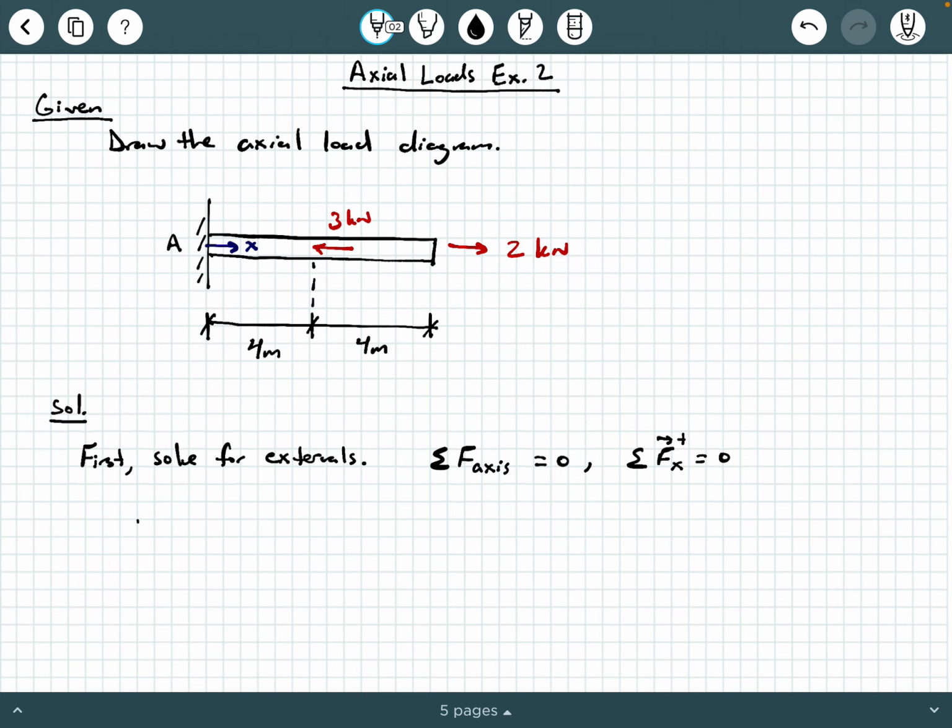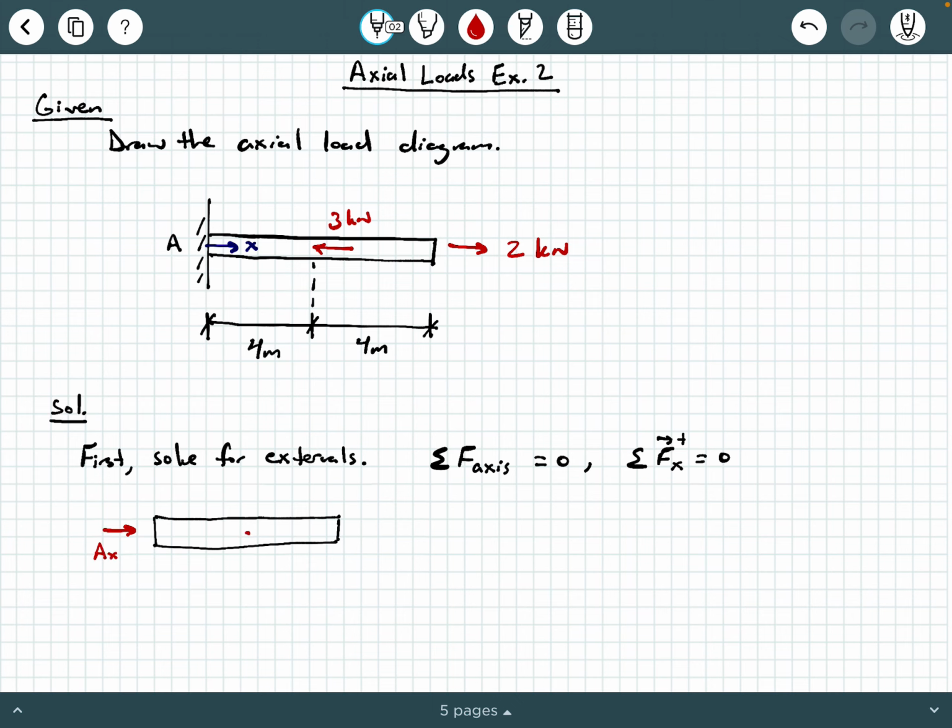So if I draw a free body diagram of this system, let me draw that a little bit better. Not my most beautiful artwork. Okay, so here at the left side where point A is, we're going to have an AX, all right?